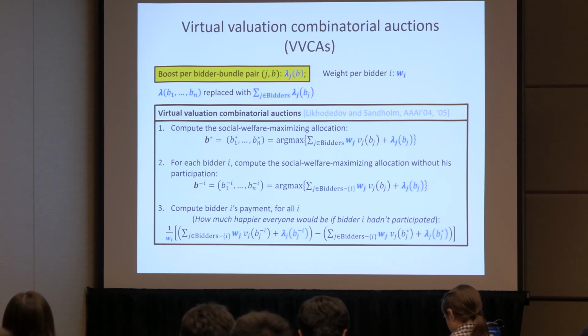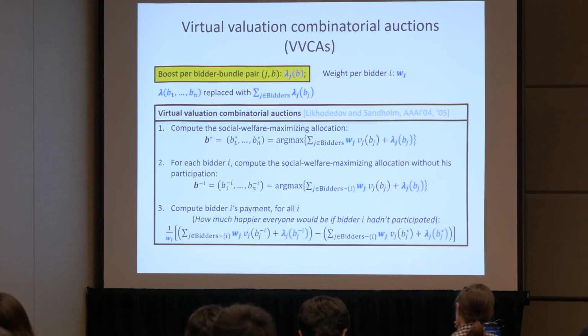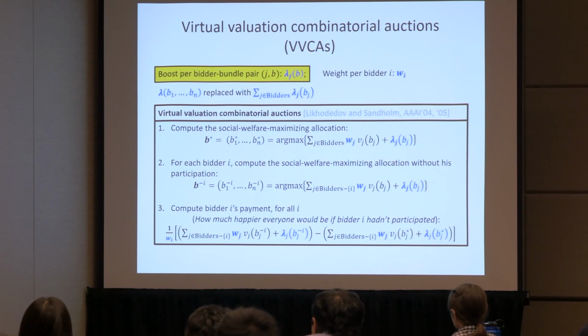And as you think about it as a subset of AMAs, it's just an AMA with the extra restriction that the lambda on an allocation is replaced by the sum over the bidders of bidder-specific lambdas of bundles. So for every bidder-bundle pair, I'm going to have now a lambda instead of having a lambda for every possible allocation. So it's a restriction, fewer parameters to optimize over. And this is, again, how it would look like in the full mechanism. And again, incentive compatible and IR just for the same reason.